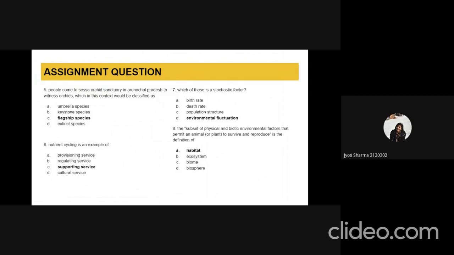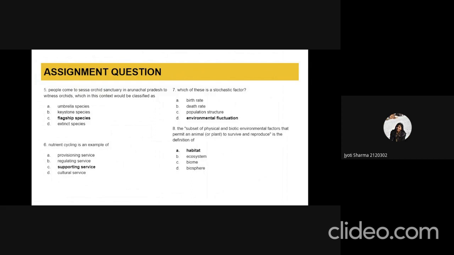Yes, that's why I'm asking questions from you only at the end. So, what were the four services that ecosystem provides? Ma'am, here in question six you can see the four services names. I am just reading: regulating, cultural, supporting, and provisioning services. So these are the four services.